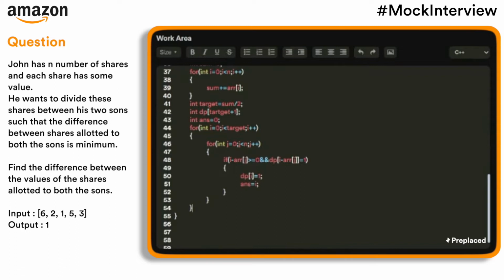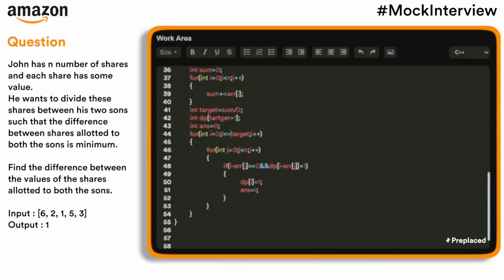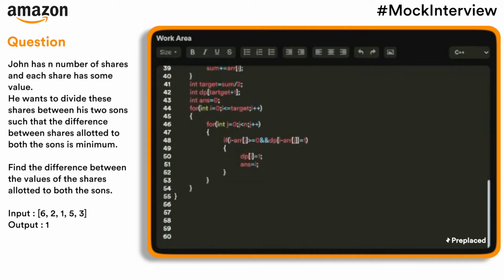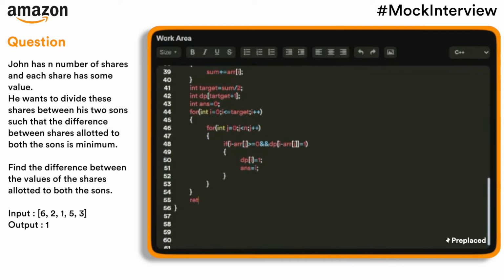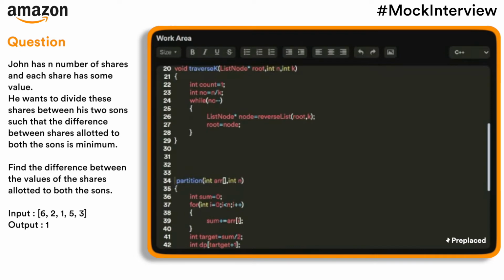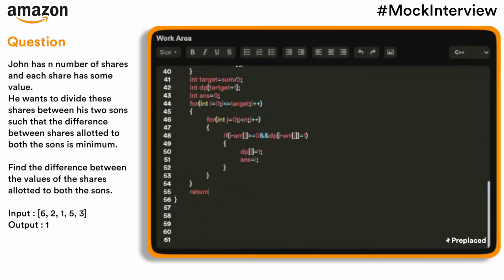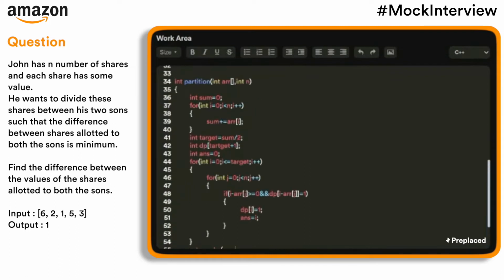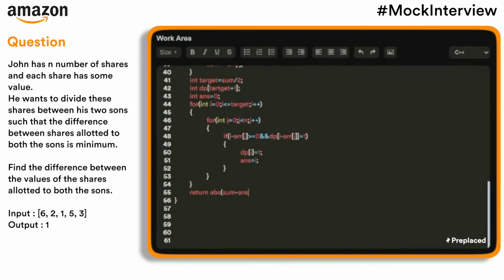so finally this would be for i less than or equal to target. This should be as close to sum by 2 as possible. So I can just return the answer as the absolute value of the total sum minus, this is the bigger one, and this is the answer, minus something like this.